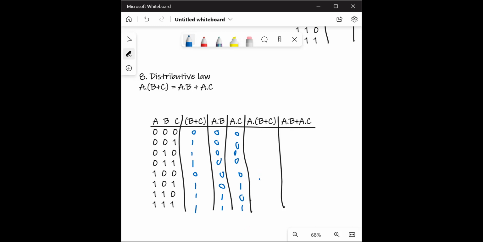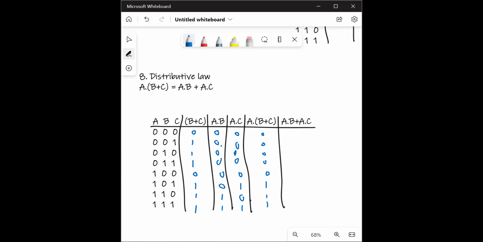Right. Then you multiply A with B plus C. What will happen is you will get 4 zeros, the first 4, right? And then what happens is it will be B plus C. So that means you will have again 0, then you have 3 ones, isn't it?